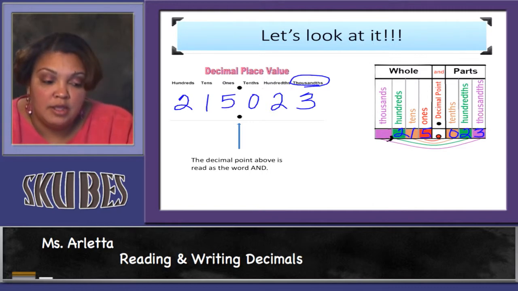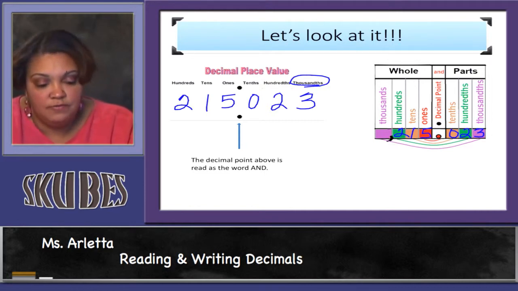And when you're reading decimals, you always go with the last digit to the right of that decimal when you're giving a word to replace how you read it. 215. And if you notice, every time I come to the decimal point, I say the word and. Because the decimal point there represents and, it's separating your whole numbers and your parts. So that would be 215 and 23 thousandths.